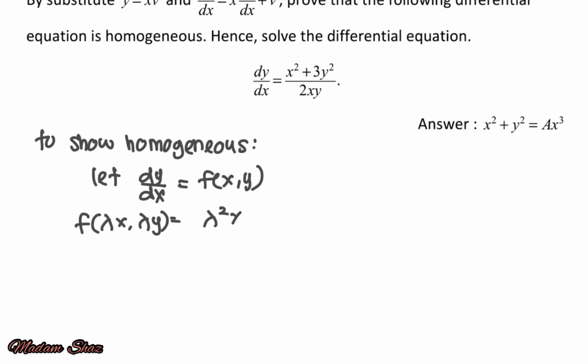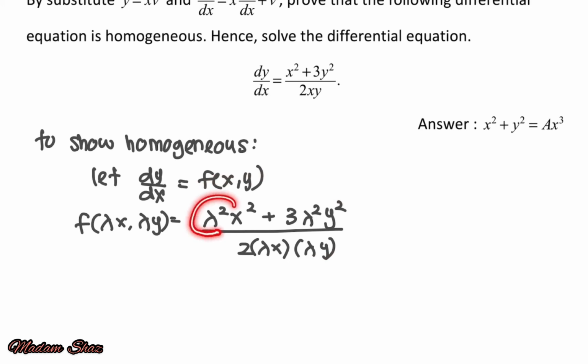Lambda square x square plus 3 lambda square y square, divided by 2 lambda x multiply lambda y. So now you have to simplify all the lambda here. At the upper side we have lambda square, at the bottom side we also have lambda square.